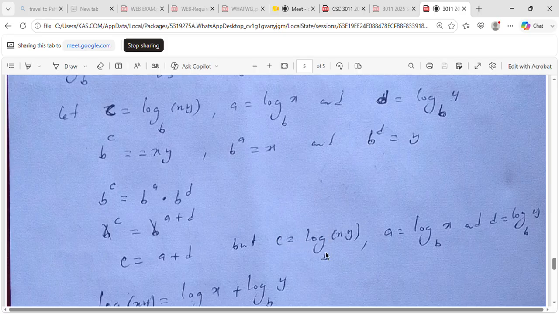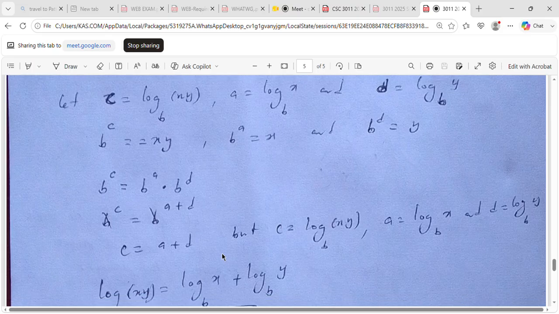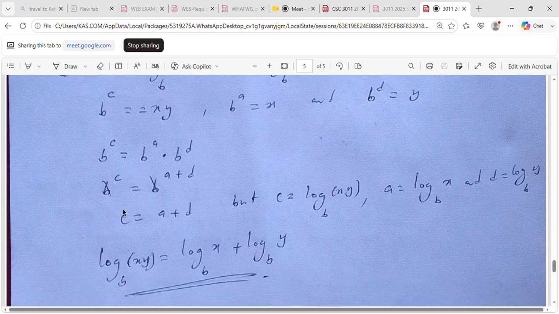But then bring back those guys. C is equal to log xy to base b, A is equal to log x to base b, and D that. Remember always to replace this part. You have to say since. You can use since here, you can use but, you can use remember. Those key words or terms must always come out.